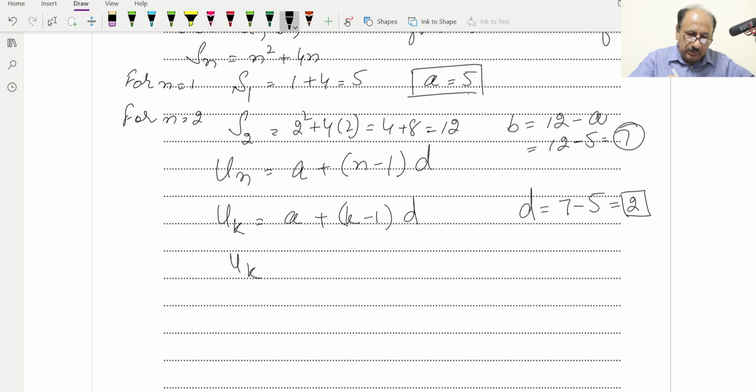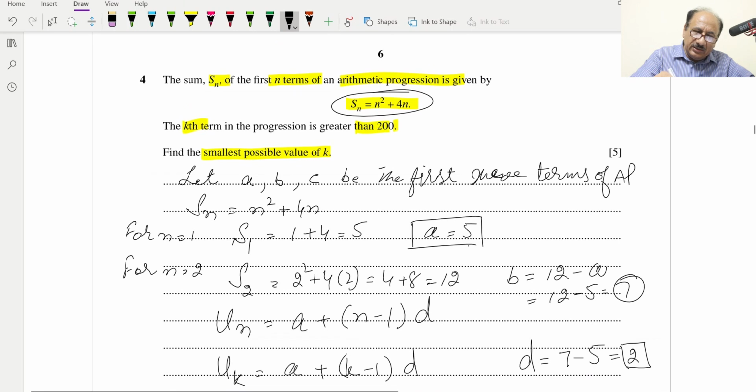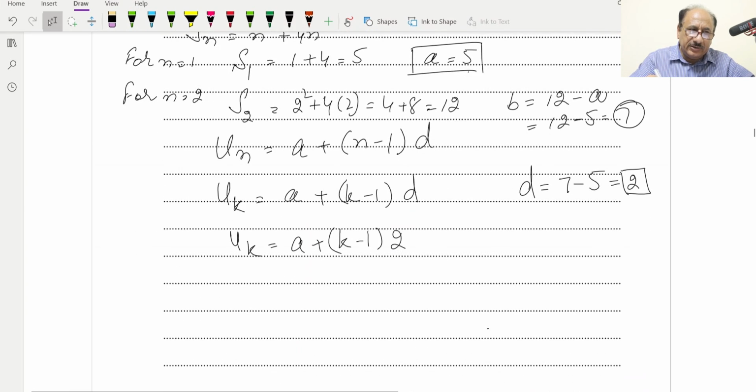So uk will be equal to a plus k minus 1 into 2, and it is provided in the question that it is greater than 200. So we will write this as greater than 200. Now we have to just simplify.